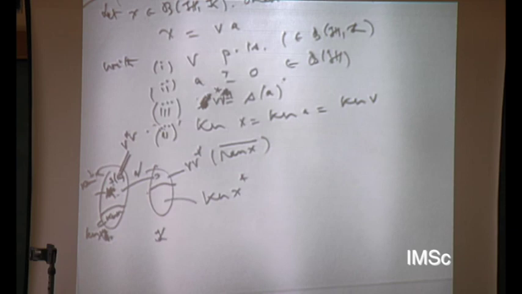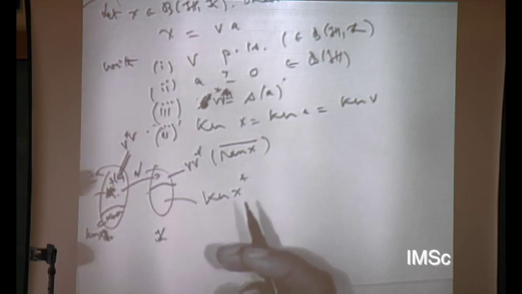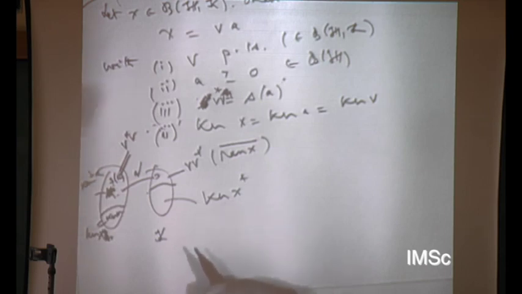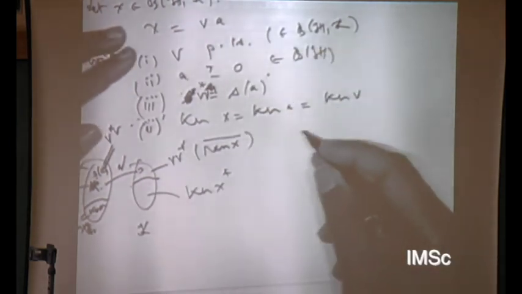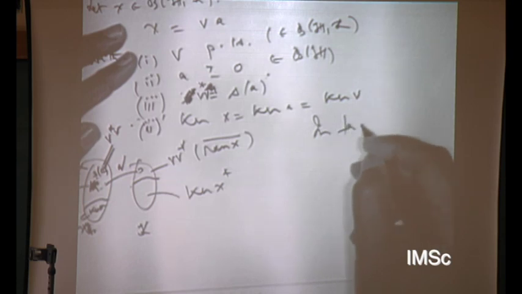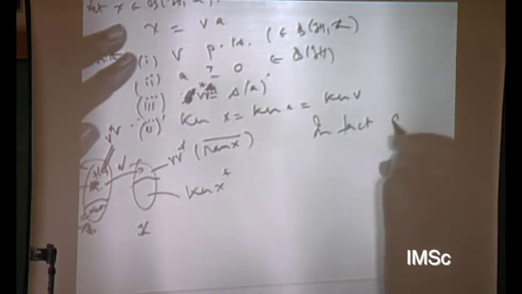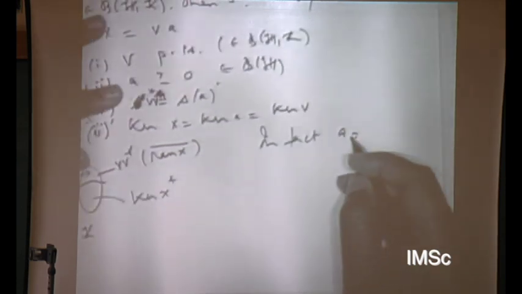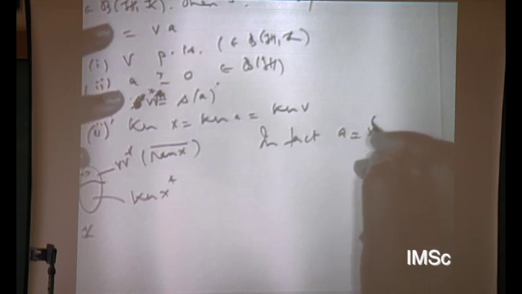So what one is saying is that if you want to look at the operator X, first there is a positive operator here, and the positive operator is not a mystery. In fact, A equals X star X power half.